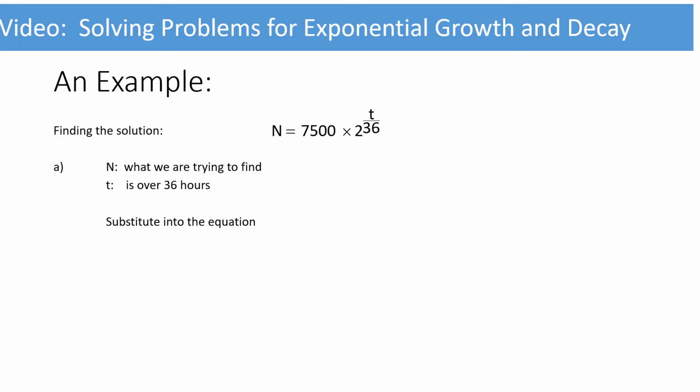So how will we do that? We will substitute T with 36 in the equation. So the total number, the final amount, if you will, is equal to 7,500 times 2 to the exponent 36 divided by 36.